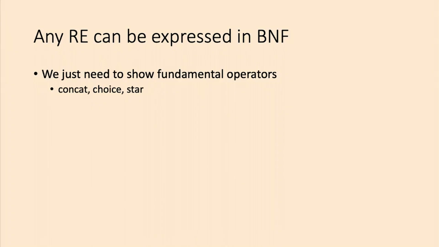And we saw, when we discussed regular expressions, there are only 3 operators: concatenation, choice, and star. If we can show how to express those 3 operators in a context-free grammar, then we know that context-free grammars are at least as expressive as regular expressions, right? These are the 3 ingredients that made up regular expressions, and if we can mimic them, then they were at least as powerful. So concatenation is easy, right?